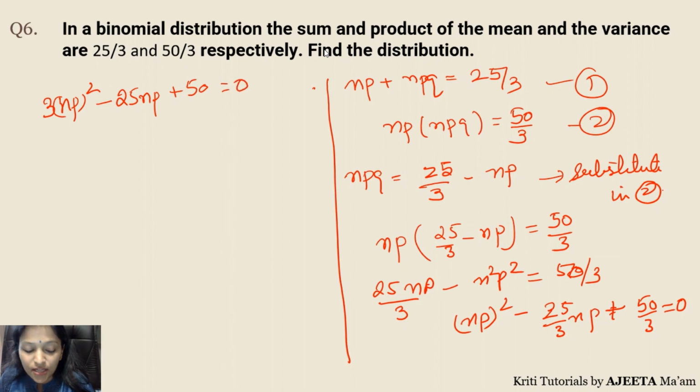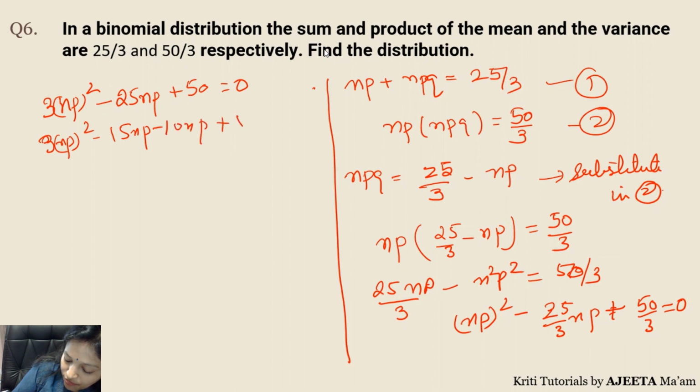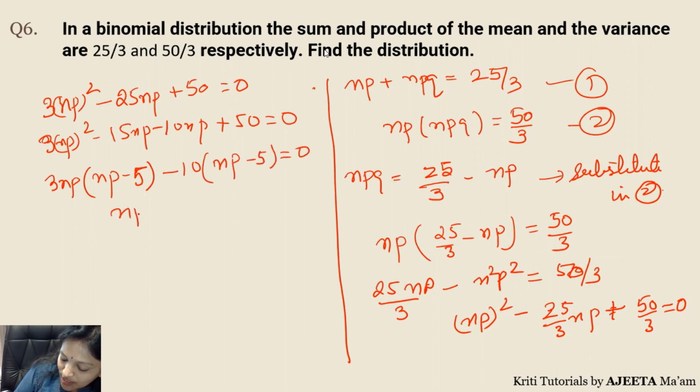So 3 into 50 is 150. For 150, if you do the factors, it can be 15 and 10. So 3 NP whole square minus 15 NP minus 10 NP plus 50. So let's take 3 NP common, and NP minus 5 here. So we get two answers: NP is 5 and NP is 10 by 3.